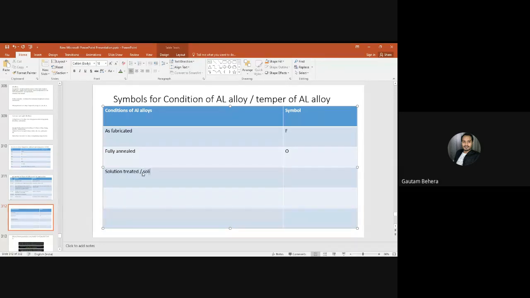So the symbol is W. That means suppose you want only solutionized aluminum alloy, it is W. Then suppose you want solutionized and aged one also.